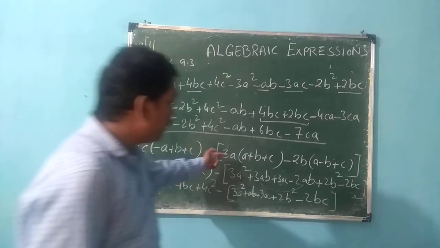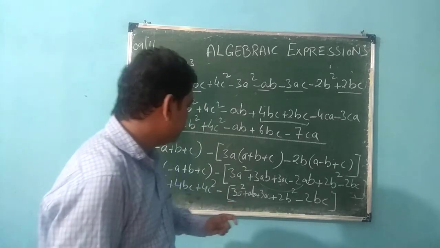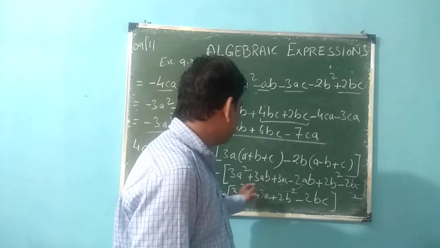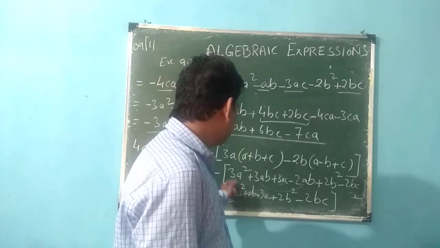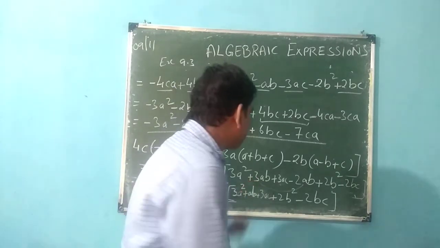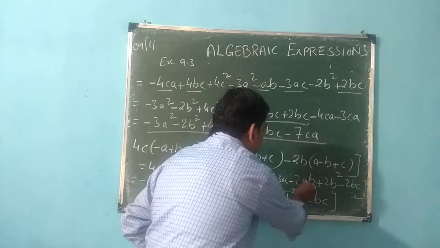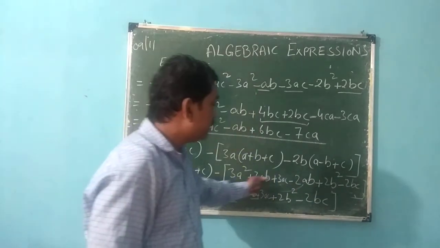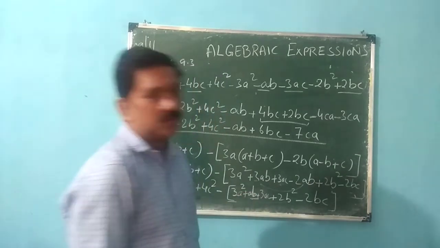So the same thing we have to follow here also. Thrice ab, thrice a square. Now see, thrice ab minus twice ab has become ab here. Clear?